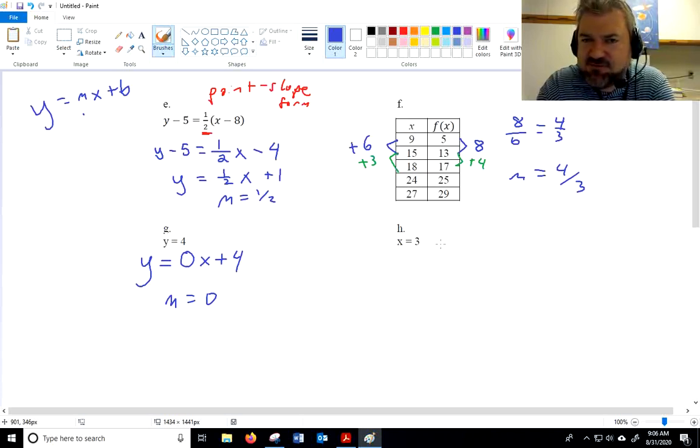Remember, linear functions have to be able to be put into mx plus b form, even if the m is 0. And this graph, when you graph it, is a vertical line through x equals 3, so it would not pass the vertical line test. So this is not a function. And the slope is what we call undefined.